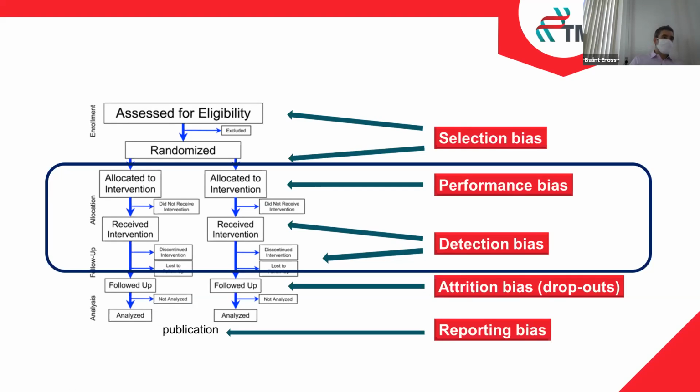If you know, for instance, that one of the patients gets a new experimental antibiotic, which seems to be much better than the older one, you will request far more chest X-rays in the control group because you don't trust the old drug. And if you suspect pneumonia in those patients, you'll have a lower threshold of requesting a chest X-ray. That's an example of performance bias.